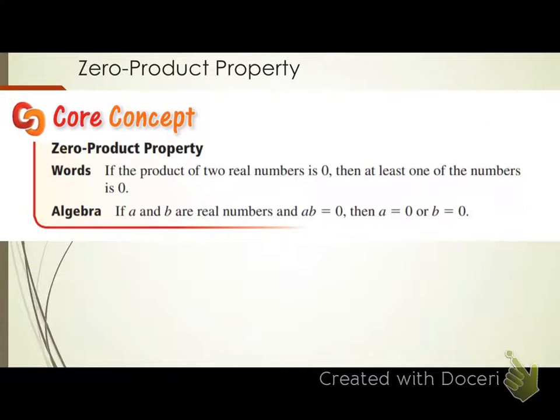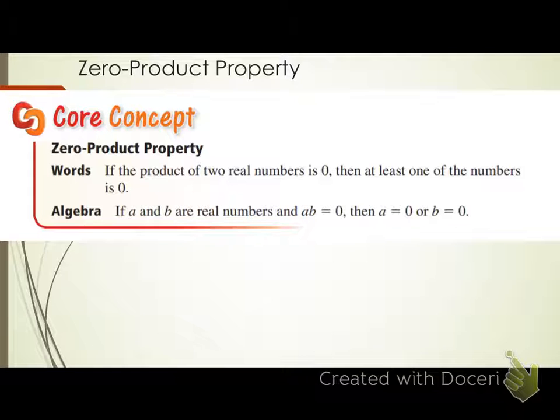Okay. Here's the zero product property. If the product of two real numbers is 0, then at least one of the numbers is 0. I feel like this is an easy property to understand, but a lot of people overthink it. So, here it is algebraically. If A and B are real numbers, and A times B equals 0, one of these numbers has to be 0, right?